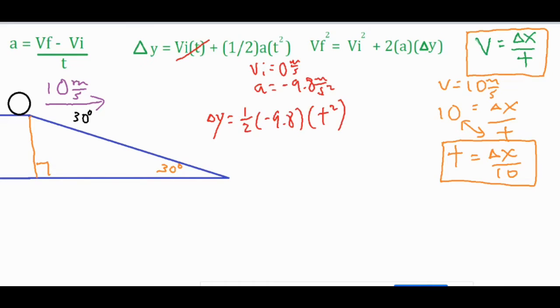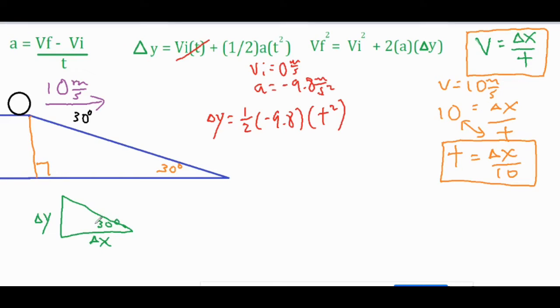So we have too many unknowns, so we're going to use a little system of equations and do some substitutions. One thing that we have to do is see the relationship between our delta y and our delta x. So what we can do is draw a little triangle on the side, and the relationship between our delta y and our delta x is going to be related to the tangent of the angle.